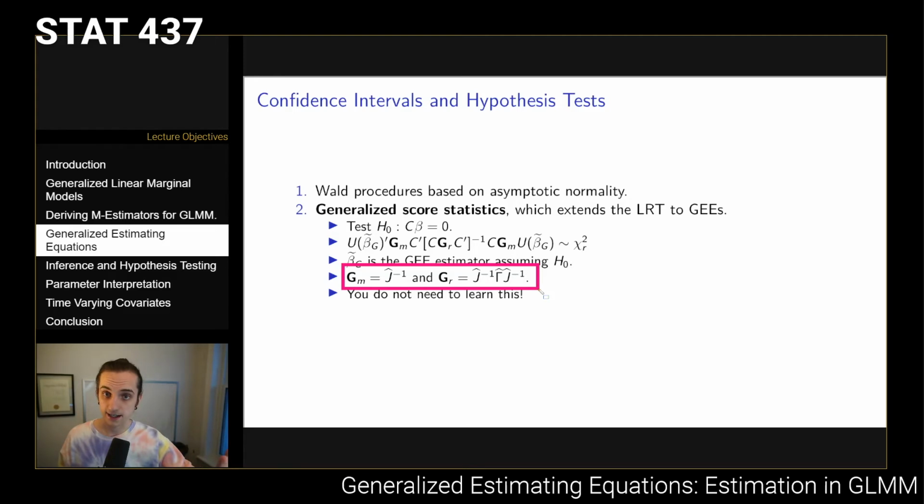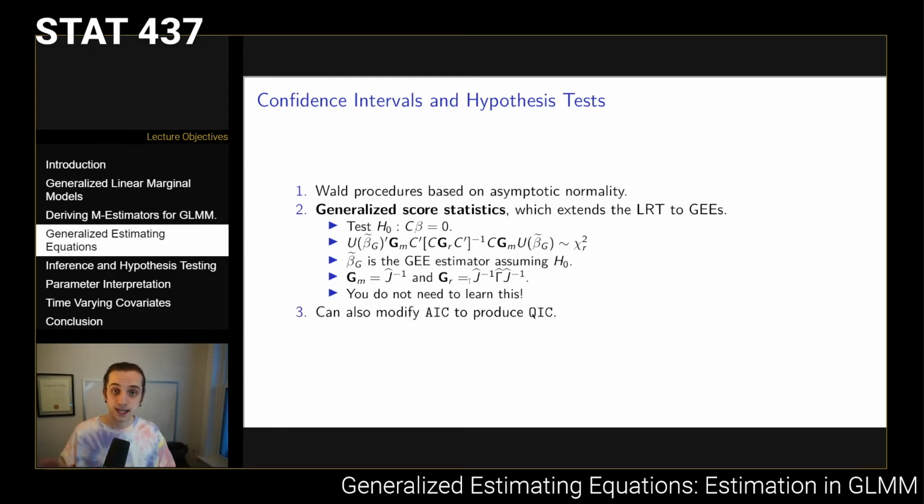So you can plug all of that in, and that expression is going to have a chi-square distribution with R degrees of freedom, where R is the rank of our C matrix. So it's going to be essentially exactly like what we were doing before. The only difference is this is a far more difficult form to learn, and it's not typically implemented, so you do not need to actually use this.